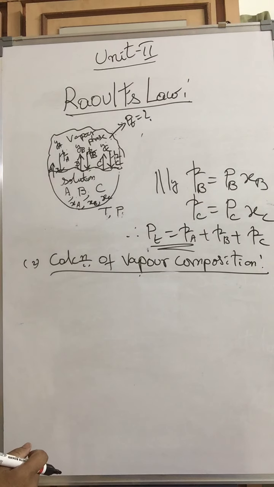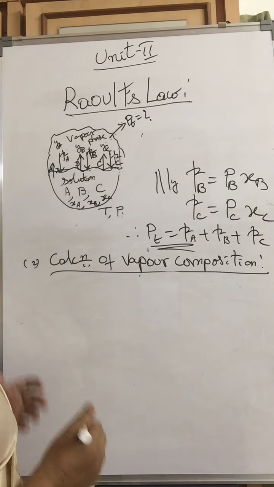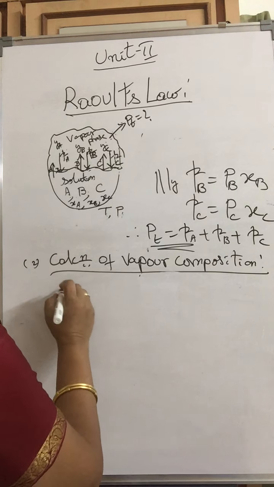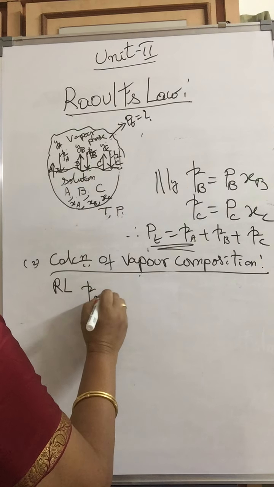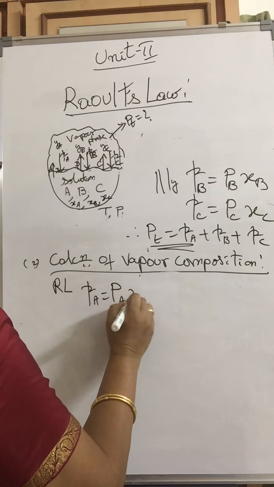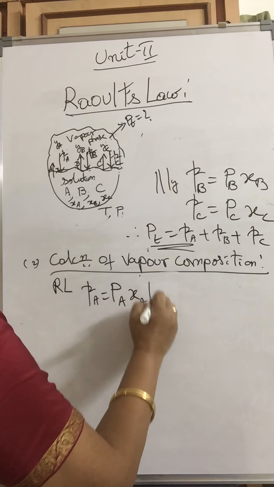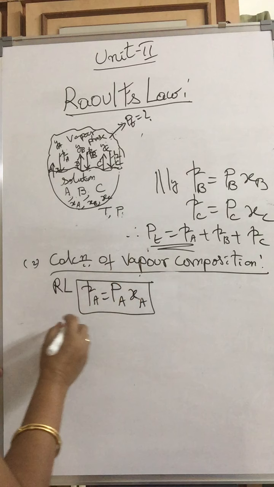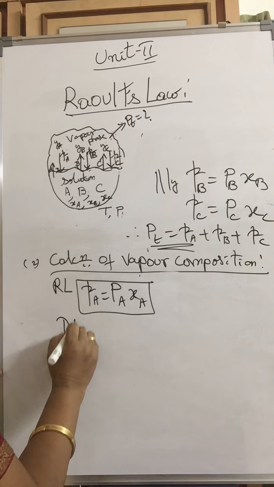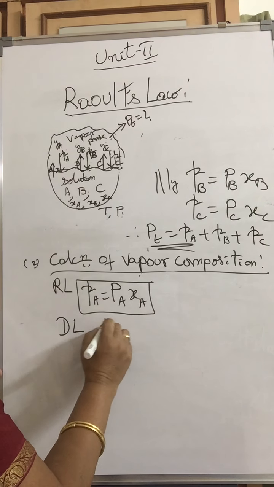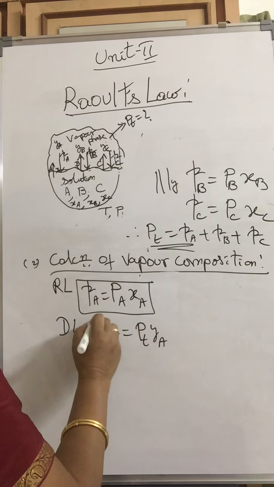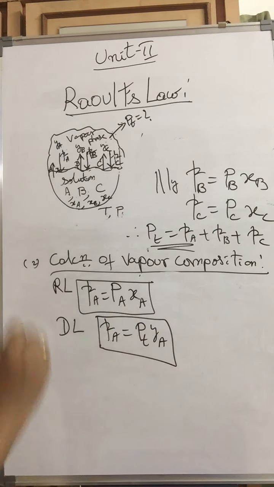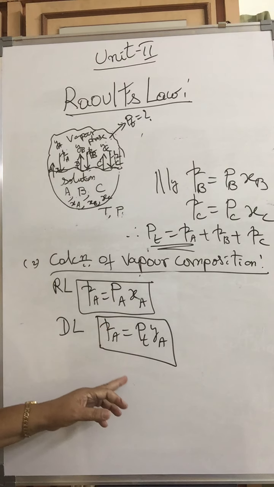We have to use both Raoult's law and Dalton's law here. According to Raoult's law, PA is equal to PA XA. And according to Dalton's law, PA is equal to PT YA. We know these two.